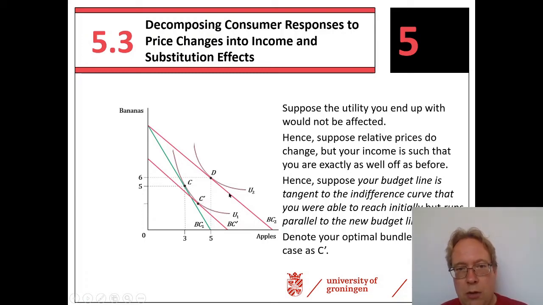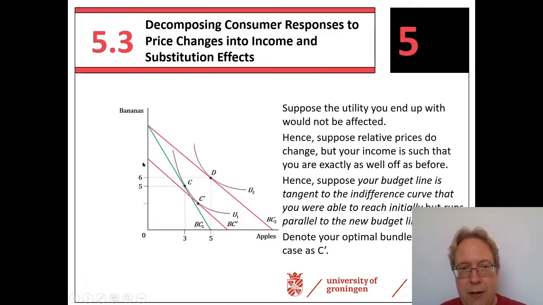So again, the apple price has decreased. That makes you better off, but we want you to be just as well off as you were before. Hence, we're going to take income away from you such that you are just able to afford your original indifference curve, which implies pushing your budget constraint to this red line.